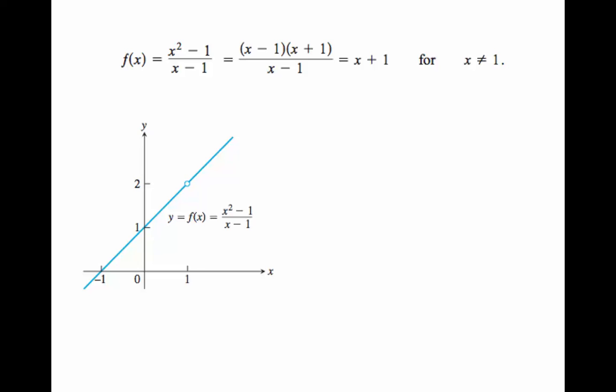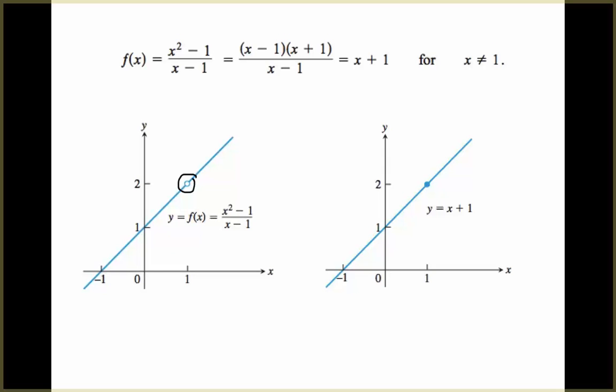So the graph of f of x on the left looks very much like the graph of the line y equals x plus 1. So we're trying to investigate what is the behavior of f as x gets really close to 1. If you see the graph on the left, there's a little hole in the graph of f of x. But what is the height of this hole? It appears the hole is at height 2.